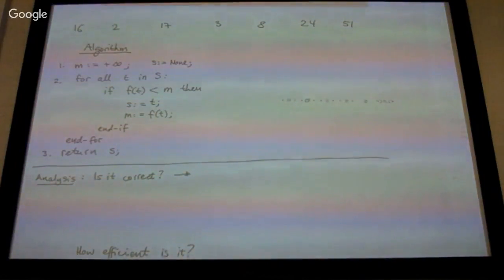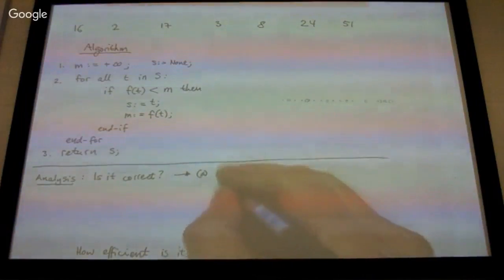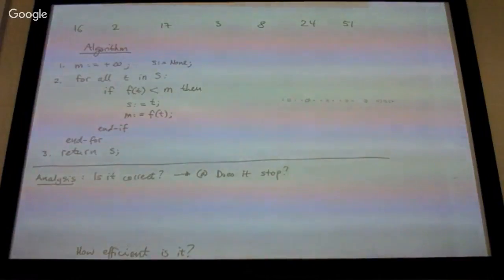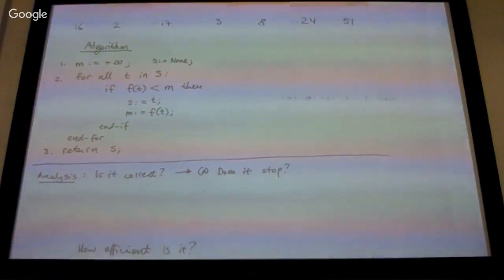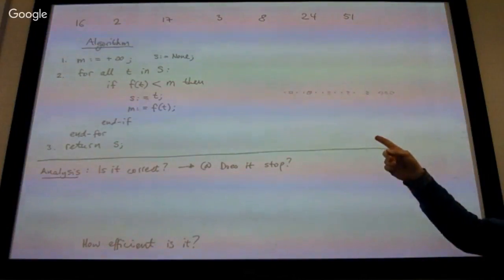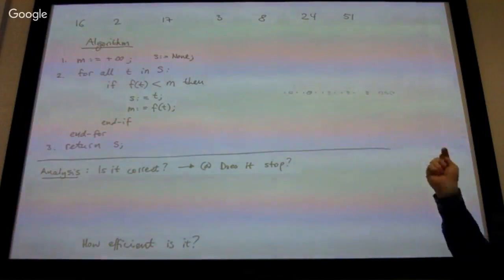So correctness has two parts. A is, does it stop? This one stops because, how could it not stop? You don't have an infinite list of integers. You get a finite set S, and you just look at each of them once in the loop.